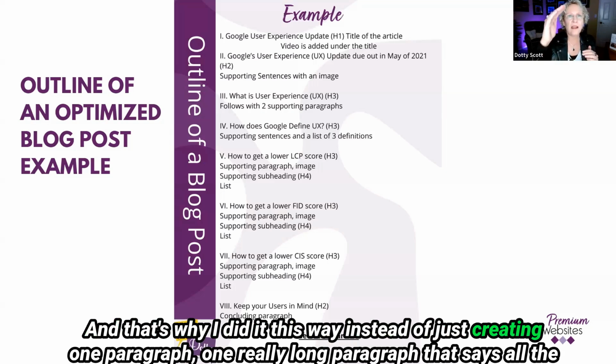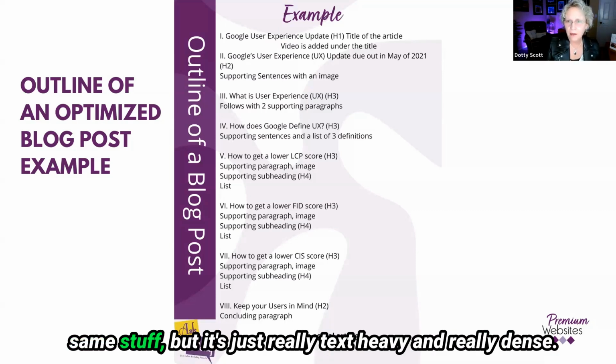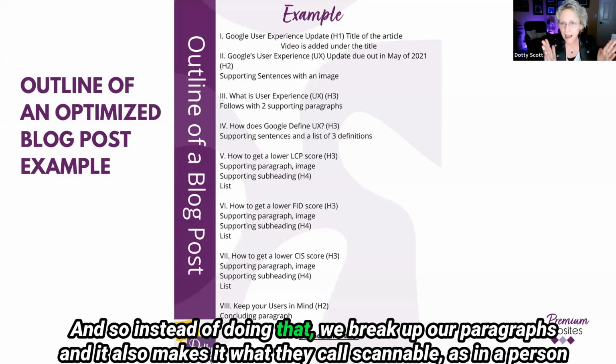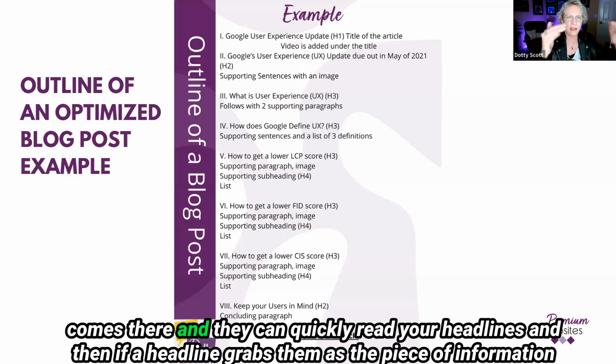Instead of just creating one really long paragraph that says all the same stuff, but it's just really text heavy and really dense. And so instead of doing that, we break up our paragraphs, and it also makes it what they call scannable, as in a person comes there and they can quickly read your headlines.